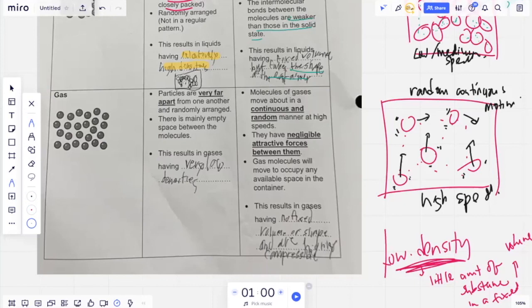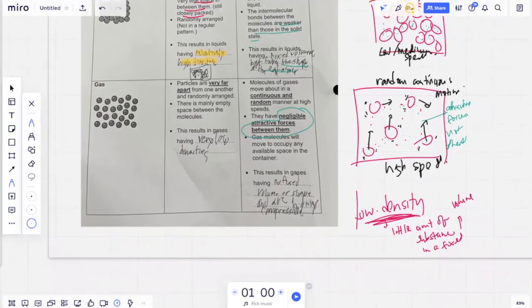Then remember the forces in between, the attractive forces. Attractive forces are hardly there. So they can move anywhere to fill up any space. How to fill up any space is like this.